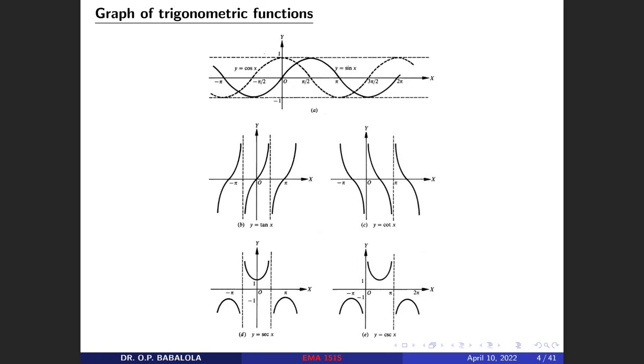Let's say you are told to draw the graph of a trigonometric function from 0 to 2 pi, okay? 0 to 2 pi will basically be from 0, it's here. I hope you can see this.